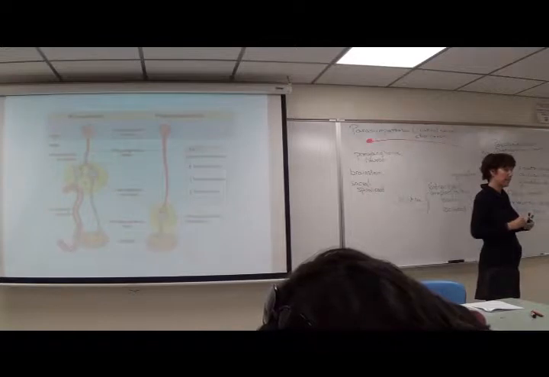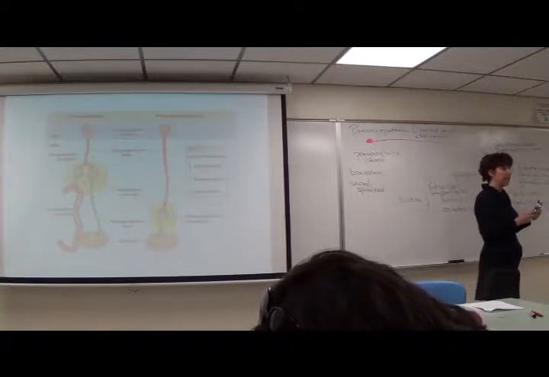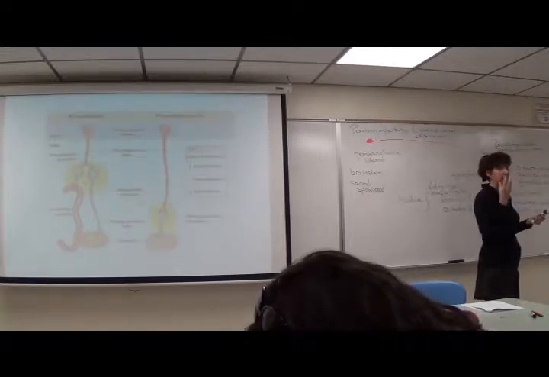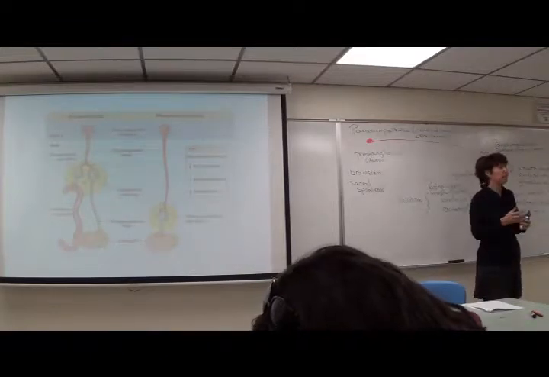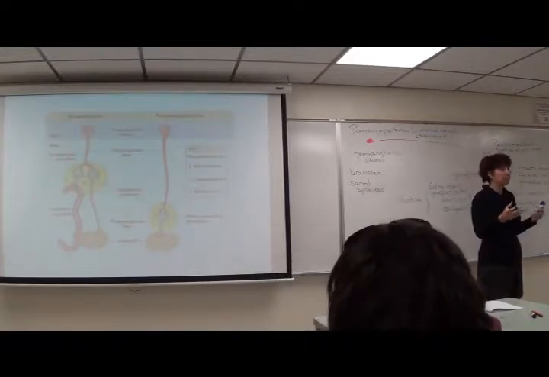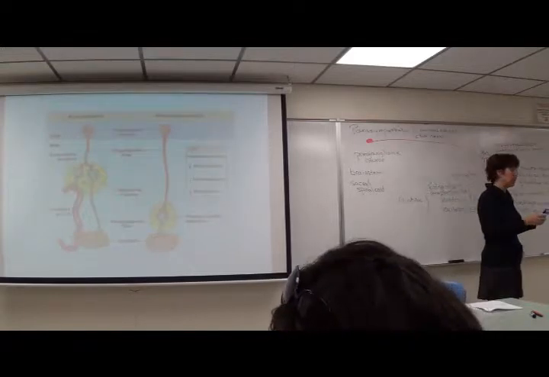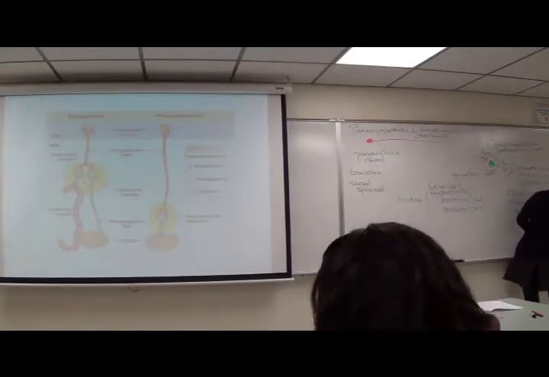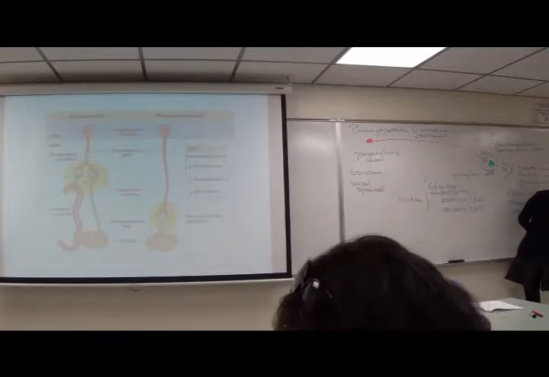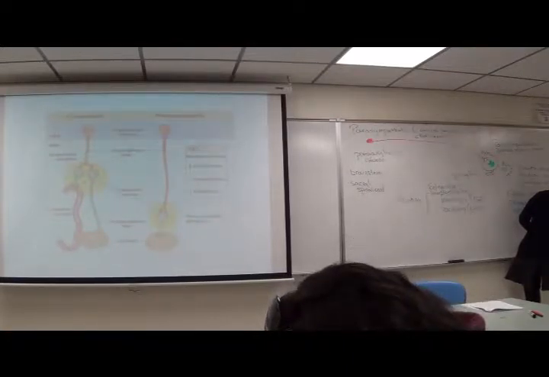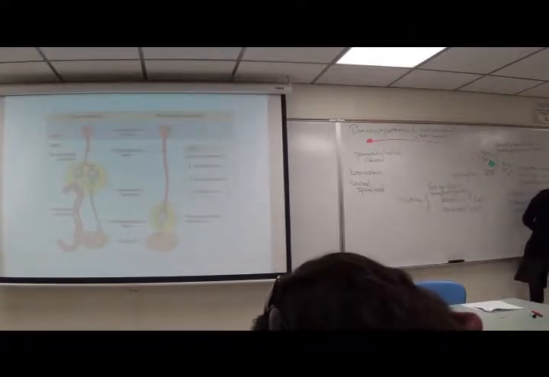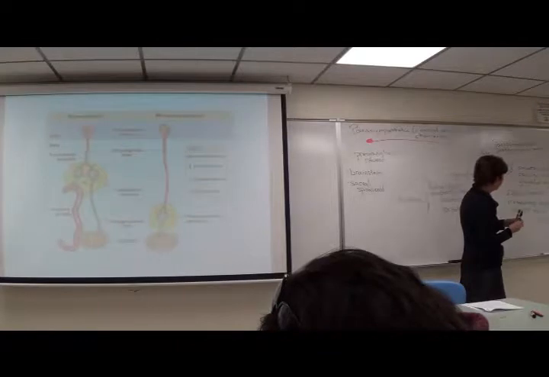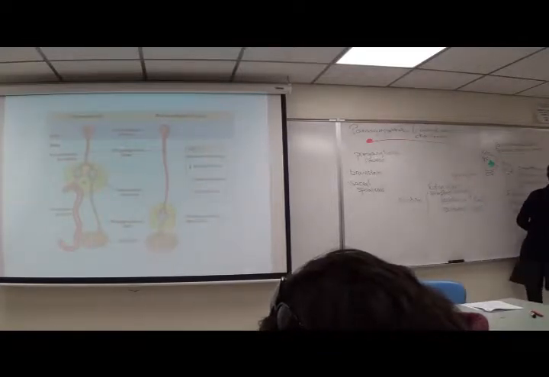Typically, if it inhibits, it's because it's opening potassium channels. All right? In the brain, we use glycine to open chloride channels, but typically out in the periphery with these organs, they are potassium channels. And positive ions leave the cell. If they are excitatory, they typically open sodium or calcium.